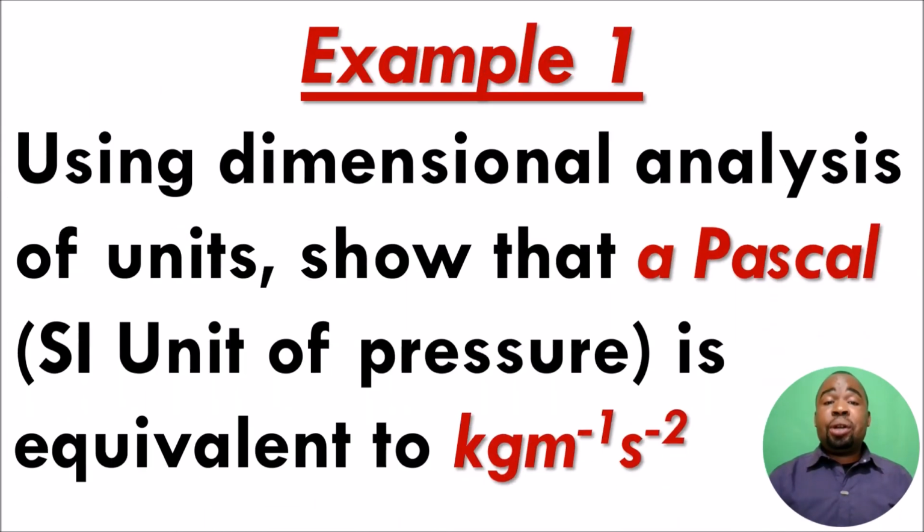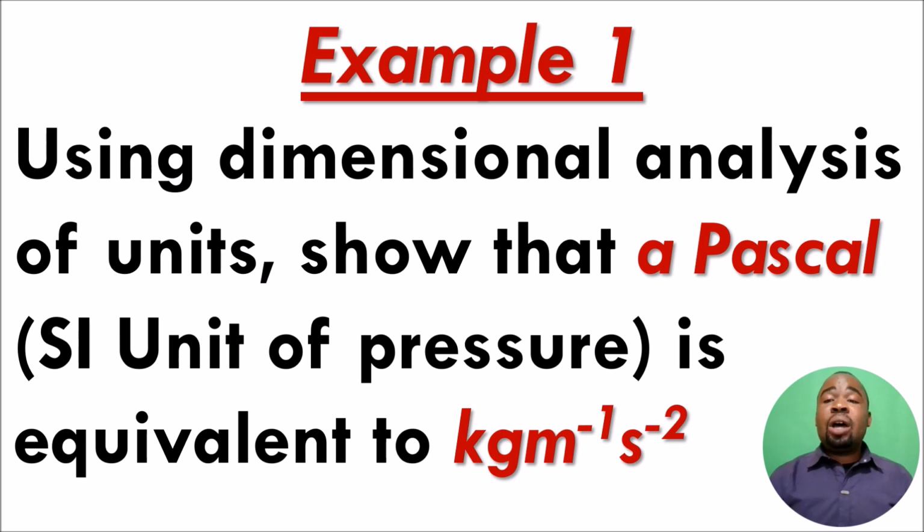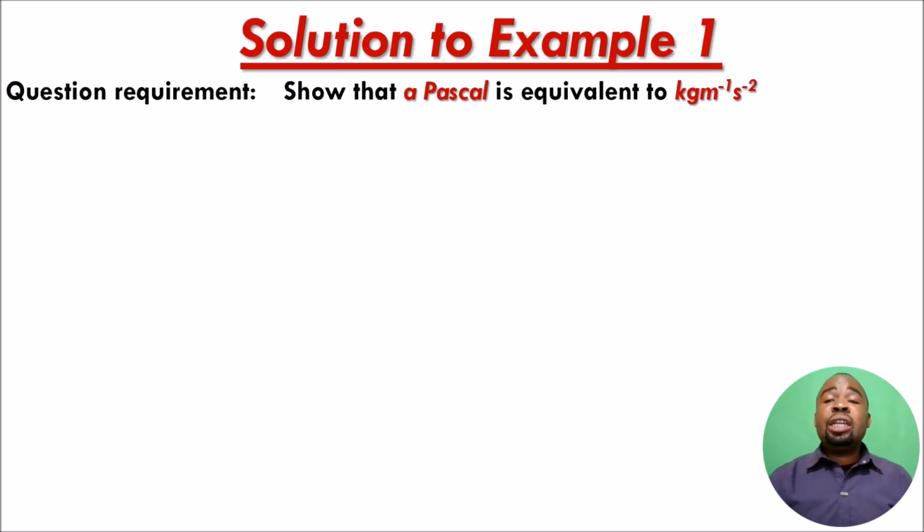Here is a question. Using dimensional analysis of units, show that a Pascal, the SI unit of pressure, is equivalent to a kilogram per meter per square second. So we want to see whether a Pascal is a kilogram per meter per square second. For us to come to this point, we need to understand the requirement of the question.